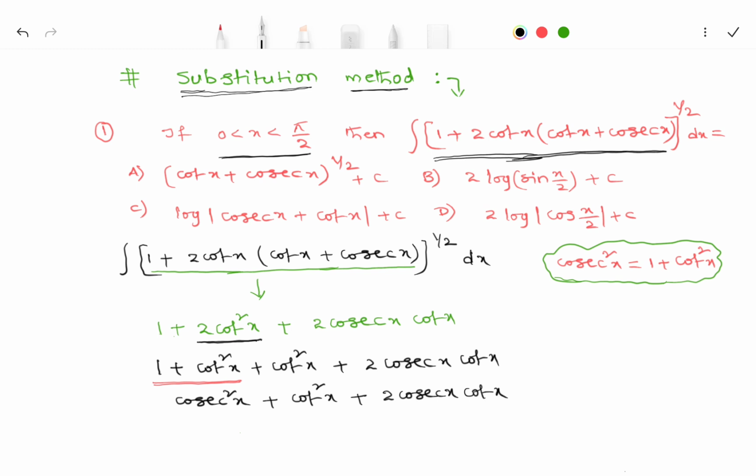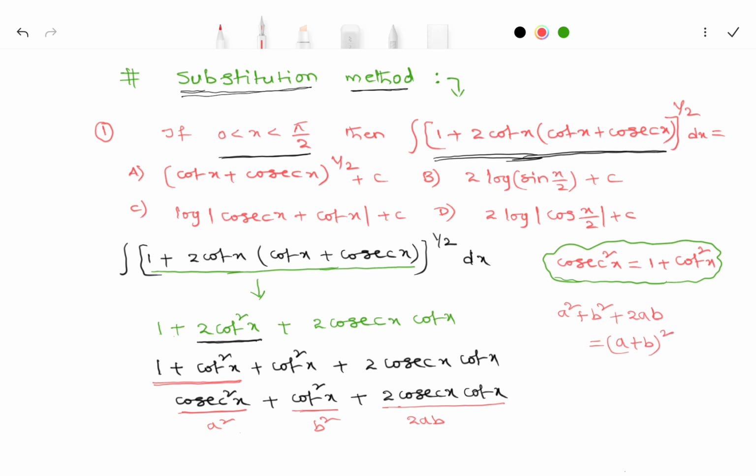Observe this: the first term is a square, the second term is b square, and the third is 2 into ab. Everyone knows that a square plus b square plus 2ab is equal to (a plus b) whole square.